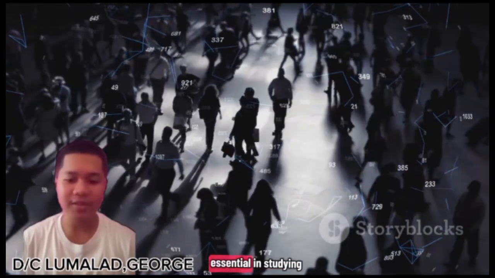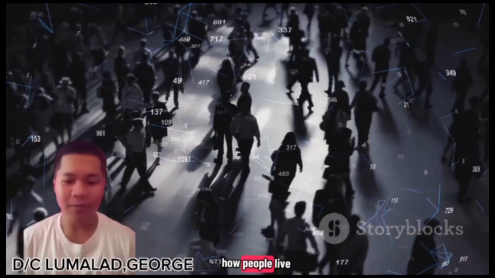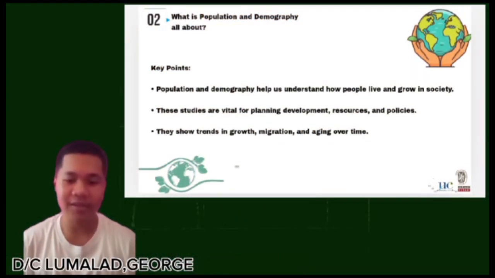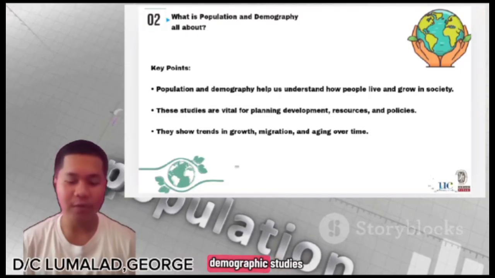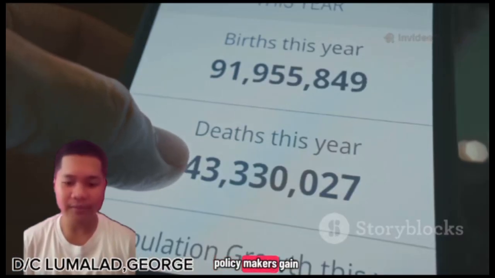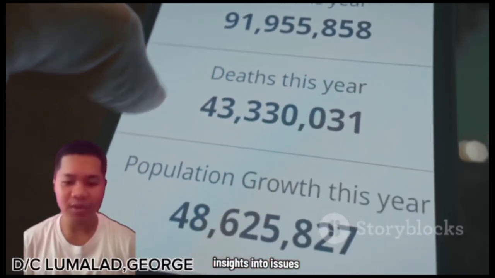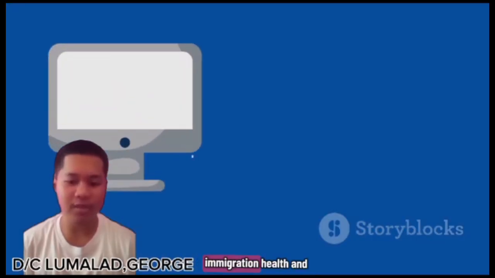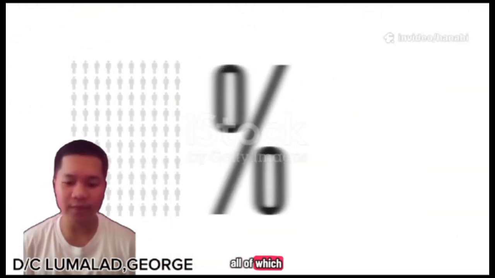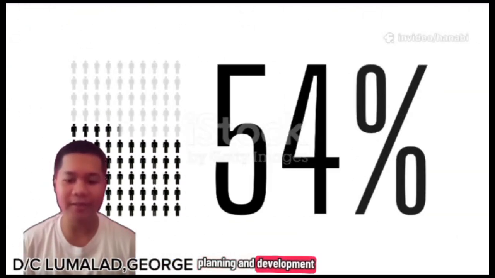These fields are essential in studying how people live, grow, and interact within specific areas. Through population and demographic studies, researchers and policy makers gain insights into issues such as population growth, immigration, health, and resource distribution, all of which are vital for planning and development.